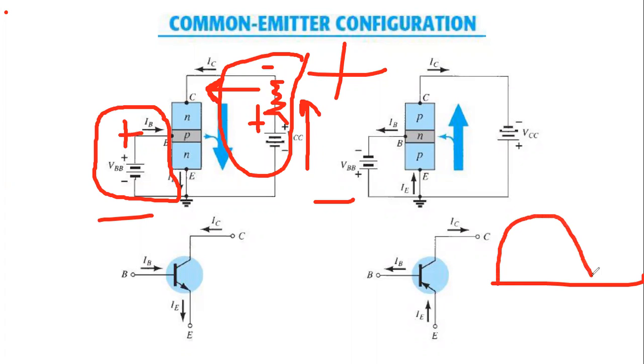Suppose this is your AC voltage, and the output you get is inverted like that. So in the common emitter circuit, we get the opposite sign of voltage in the output. That's why it is known as the 180 degree phase shift.